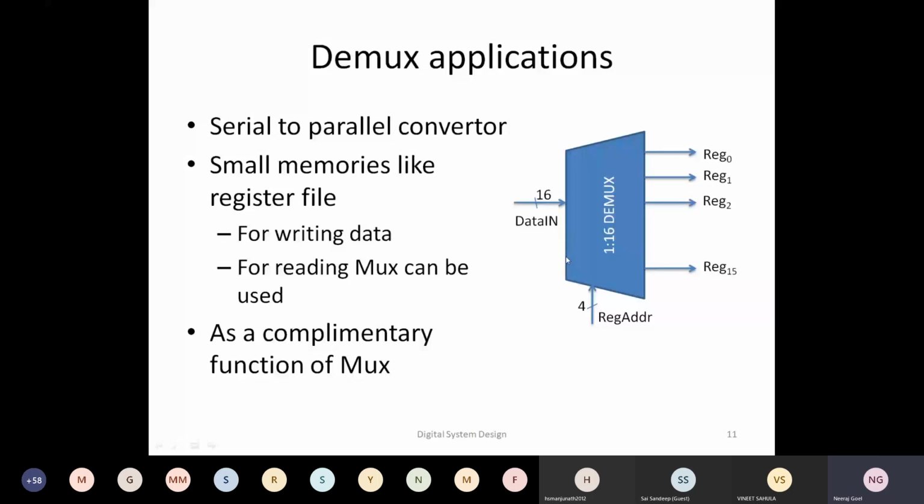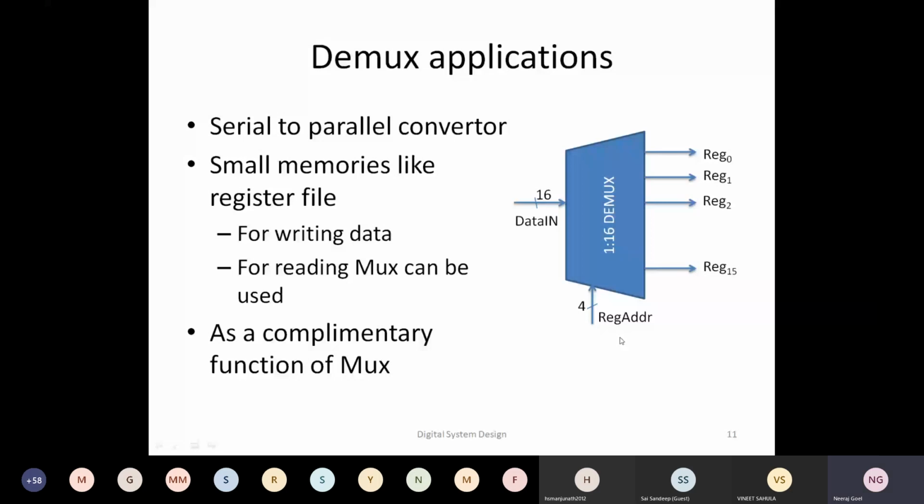And if you want to write data, then the data input would be sent here, and then this data would be written to one of these registers. So this way, the demultiplexer would be used for writing data into a register. On the other hand, as a complementary circuit, if I want to read any of these registers, then I would use a multiplexer. The multiplexer would read from all these registers, and based on the register address, we can see what data is there in that particular register.